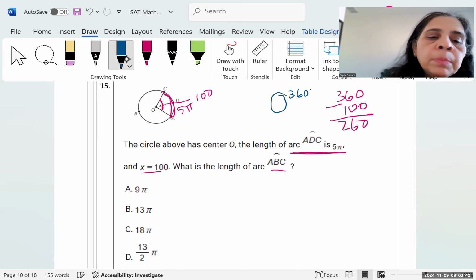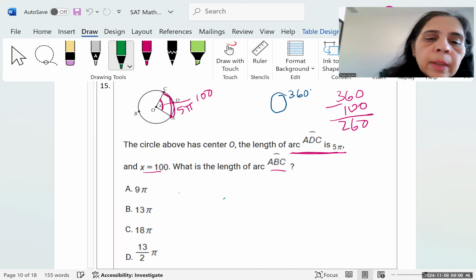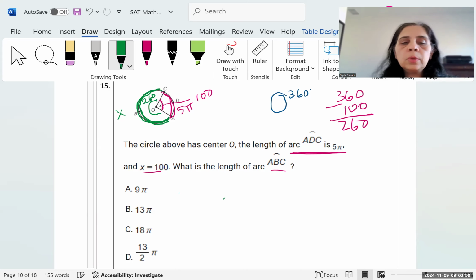Let me choose a better color here. So this piece we have to find. And what is this angle? We found that angle, 260. So two corresponding things, we have angle and circumference, or you can say arc length.